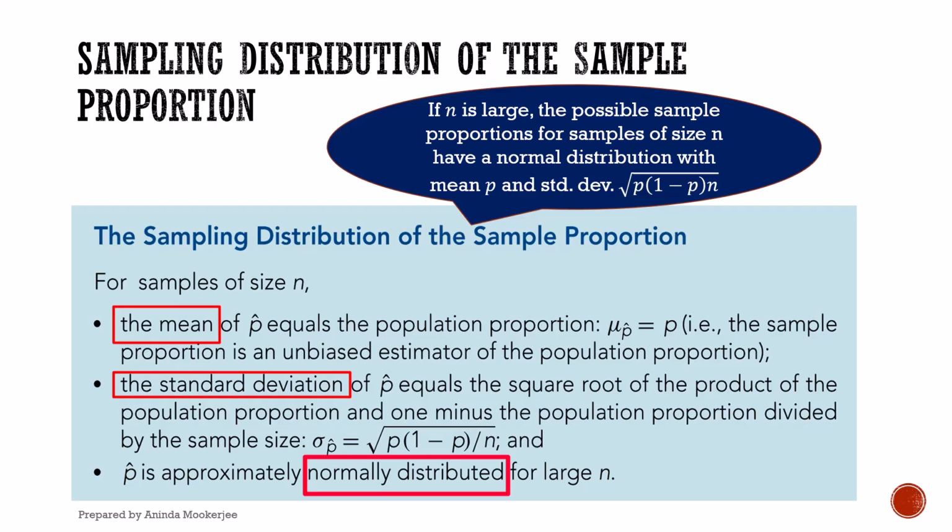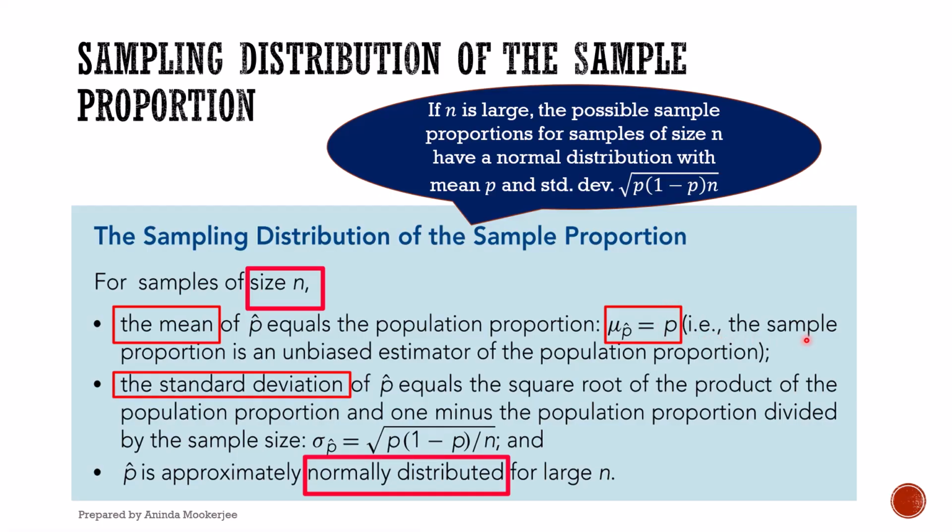All right, so let me read through it. It says here, the sampling distribution of the sample proportion. For samples of size n, the mean of all sample proportions equals the population proportion, mu sub p hat. That means the mean of all possible sample proportions will be equal to whatever the population proportion is.